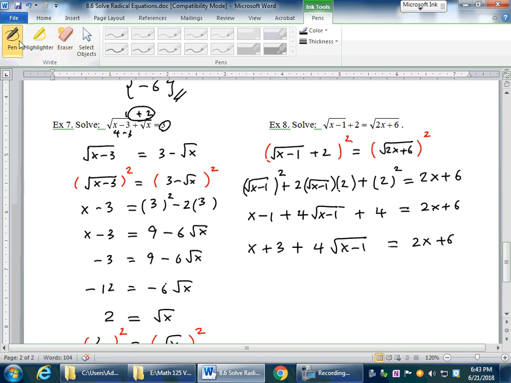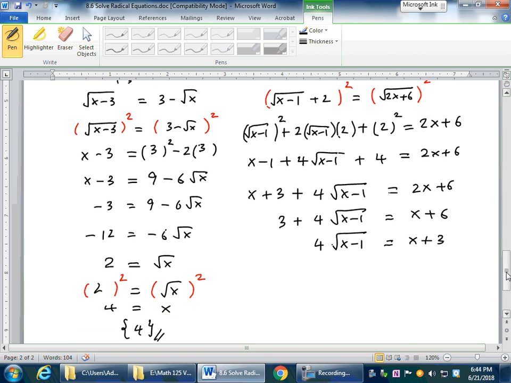Isolating the radical term by itself, first I'm going to subtract x from both sides. That becomes x plus 6. Then I subtract 3 from both sides. That becomes x plus 3.